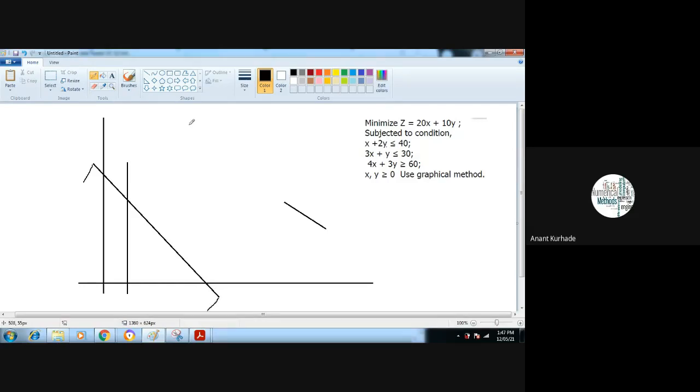Now if it is a horizontal line, and you make this horizontal line, you can find the visible region.